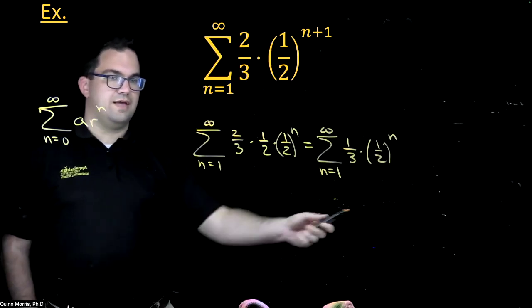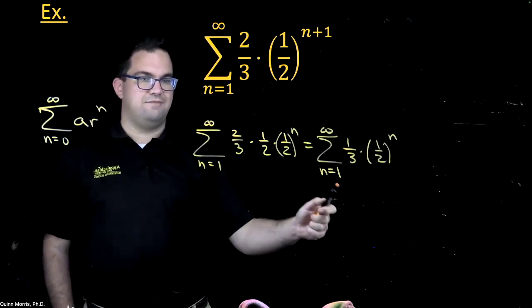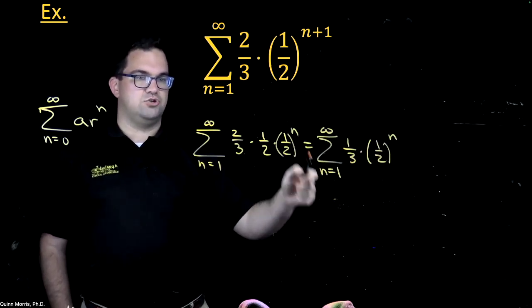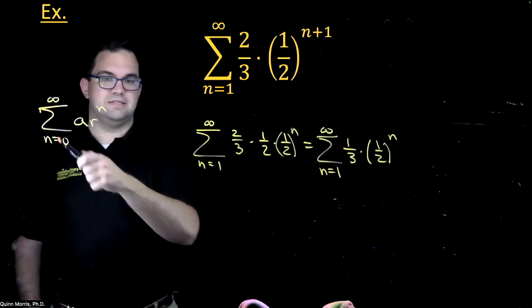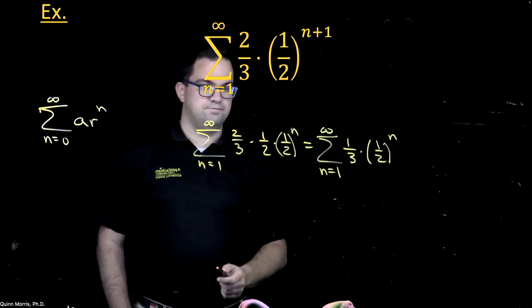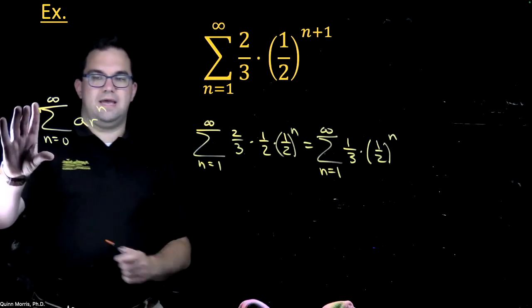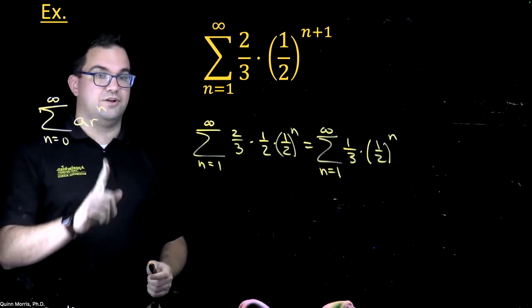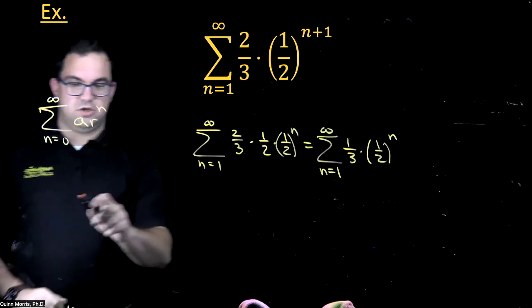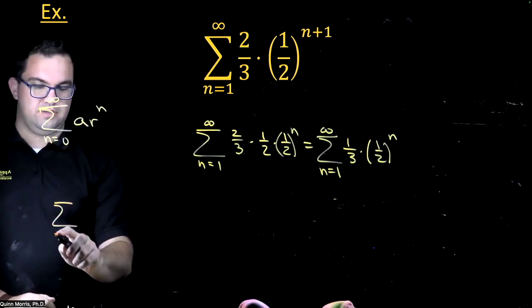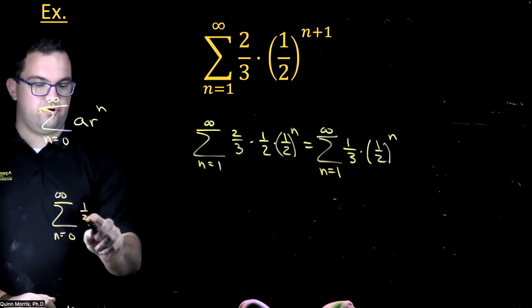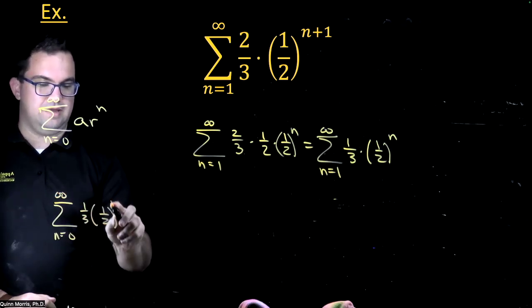All right, so now that's looking a little closer, but I still have this issue. This is A times R to the n, but it's going from 1 to infinity instead of 0 to infinity. So if this were from 0 to infinity, I could calculate that. I know the sum n equals 0 to infinity of 1/3 times 1/2 to the n.